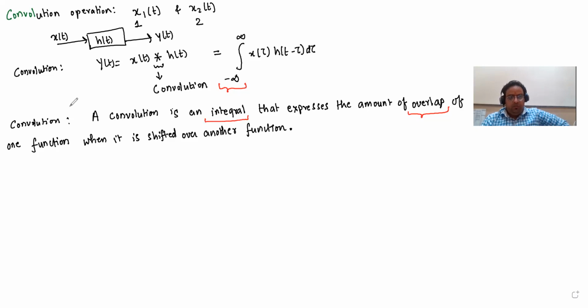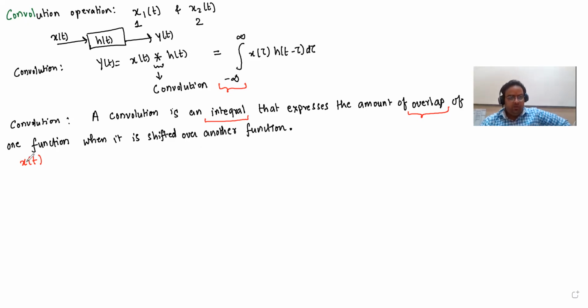Let us say one function is x of t. Let us consider the case of this LTI system only, where one function is x of t and another function is h of t, the impulse response. So one function is shifted over another function.